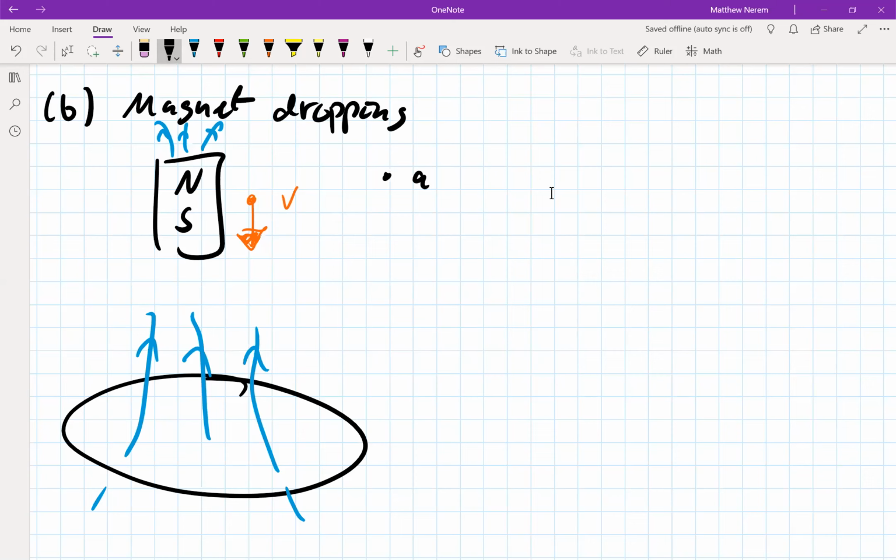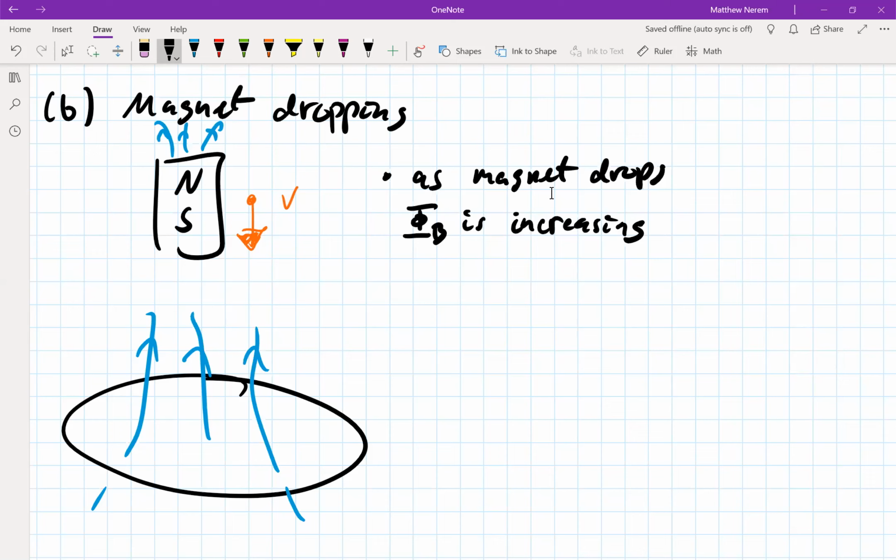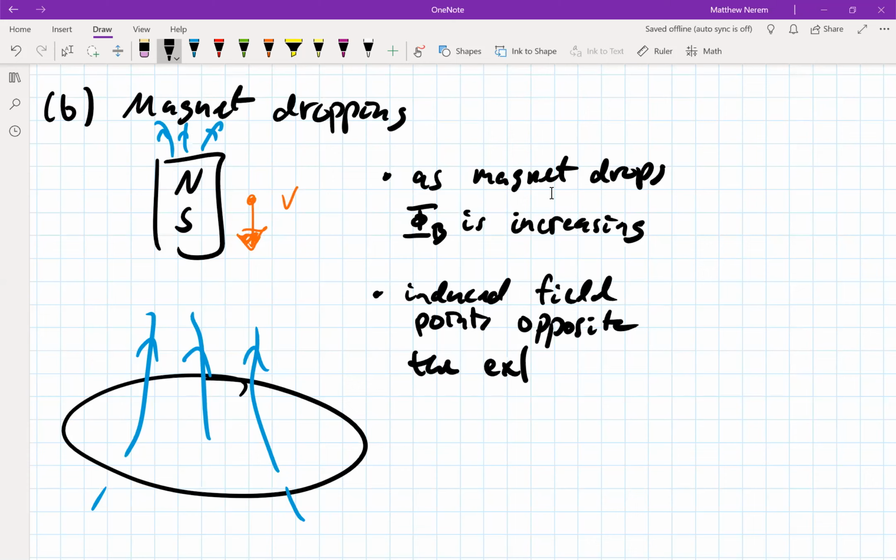And now let's identify what the induced fields are. As the magnet drops, the magnetic flux is increasing. So then the induced field points opposite to the external field.